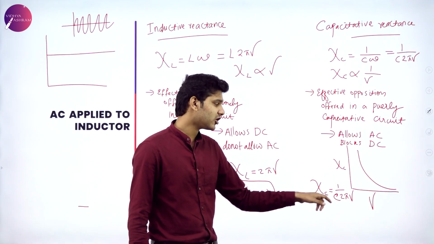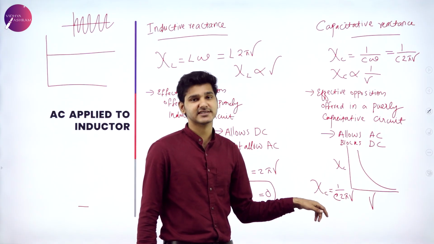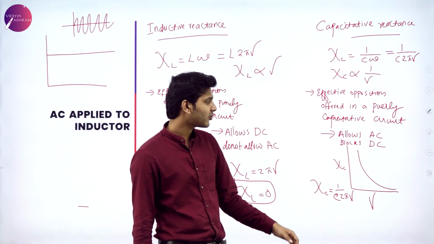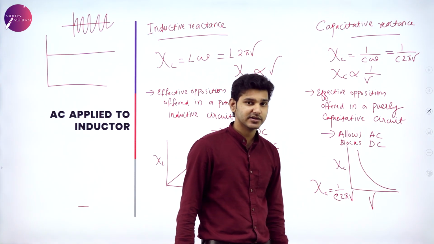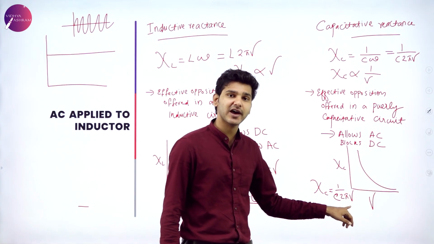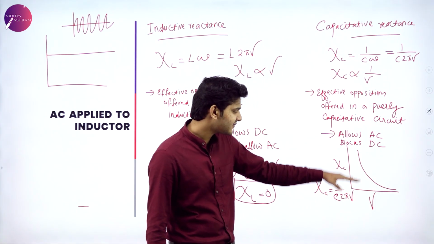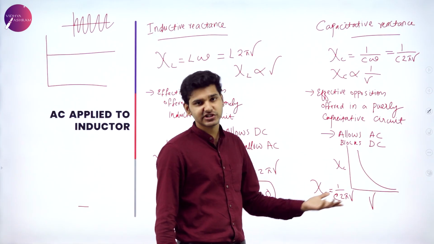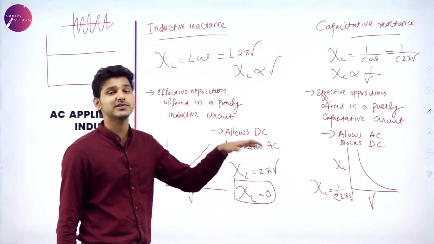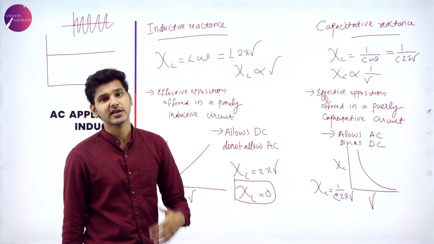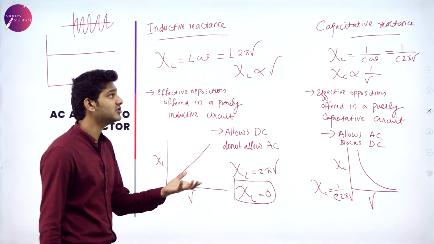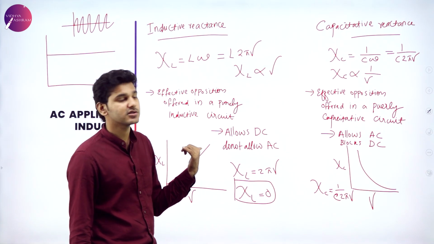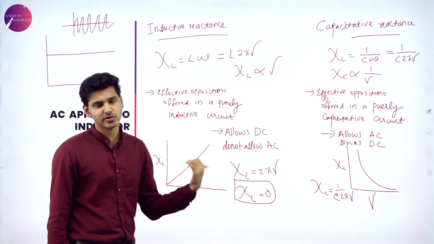So it offers infinite resistance to DC current. But what happens to AC current? Mu will have a high value, and as this value increases, this decreases, which means the opposition offered will actually decrease as we use AC current. That is why for a capacitor we can use AC current, but for an inductor we cannot use AC current. That is the only difference.